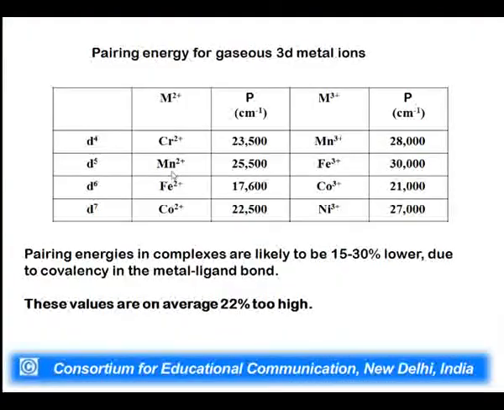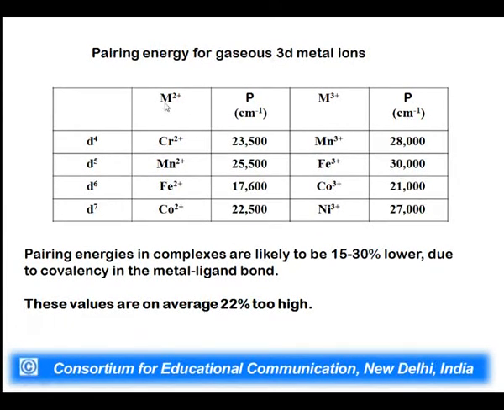Just see the M2 ions, where you can have chromium 2, manganese 2, iron 2 and cobalt 2. The average pairing energies are given here. If you have the M3 ion, in such cases also you can have d4, d5, d6 and d7 systems, that is, the number of electrons available in the d orbitals. You can see that the pairing energy has increased.